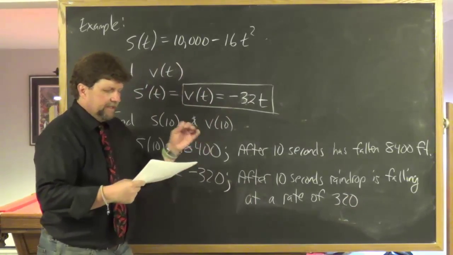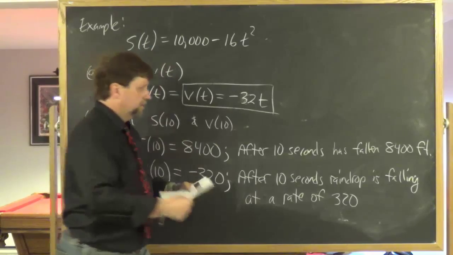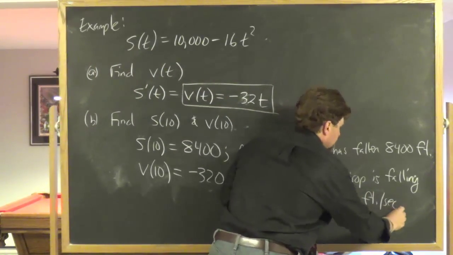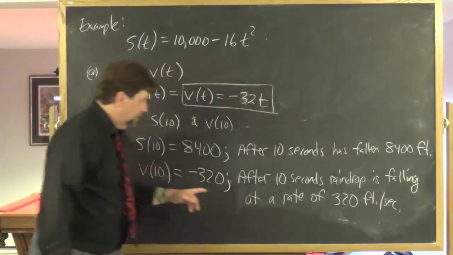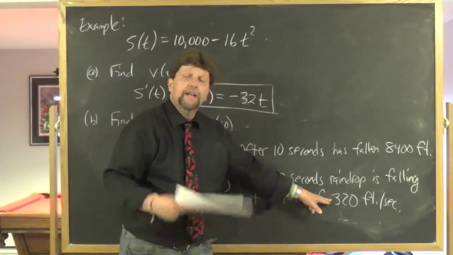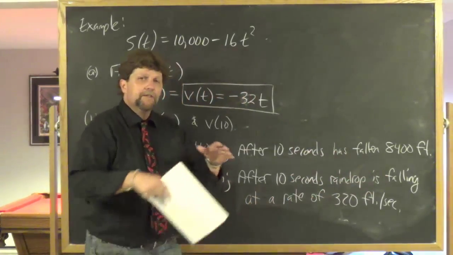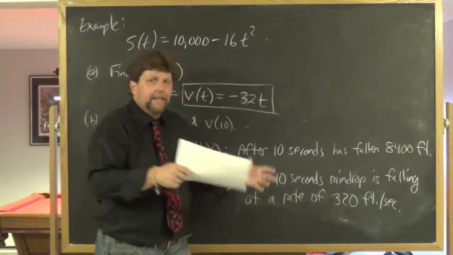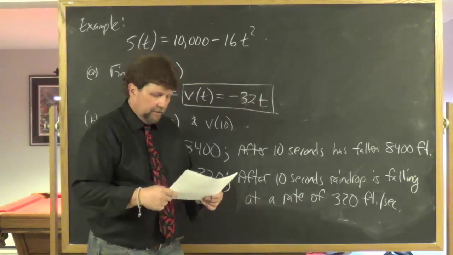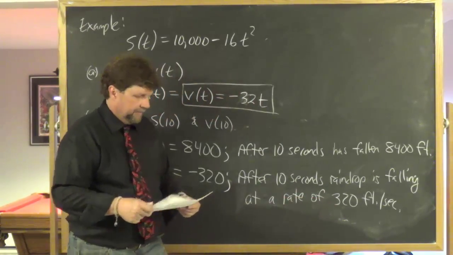Well, since t was in seconds and S of t is in feet, the units would be feet per second. Okay, now negative. There's a negative sign here, but no negative sign here. The negative is incorporated when we say it's falling. If you say something is falling at a negative, I don't know, what is that, double negative? It would be rising. We don't have to put the negative sign there. It's okay to say 320 feet per second.